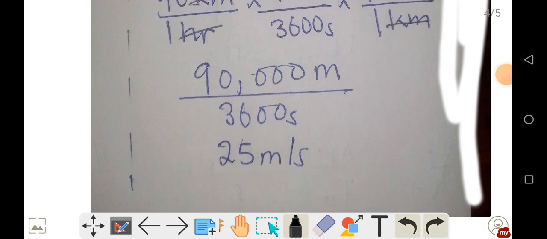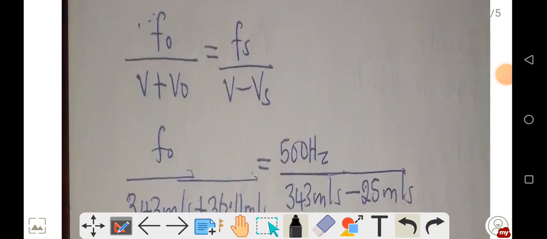So at this point now, we can introduce our formula. Frequency by the observer over velocity of sound in air, which is this one, plus the velocity of the observer is equal to frequency by the source over velocity of sound in air minus velocity of the source.